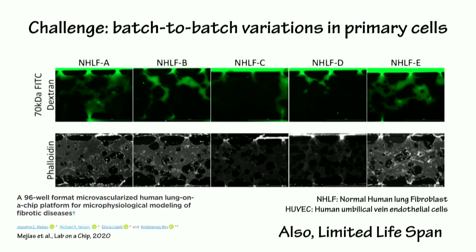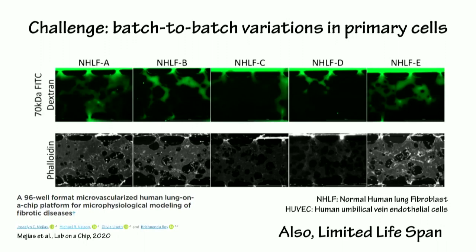But today, I want to introduce one piece of their data, where they compare 5 different lot numbers of human lung fibroblasts paired with the same type of endothelial cells, HUVEC, human umbilical vein endothelial cells, to generate the vasculature. As you can see, in terms of morphology and perfusability, they are dramatically different. This tells us the variations between primary cells are very dramatic.